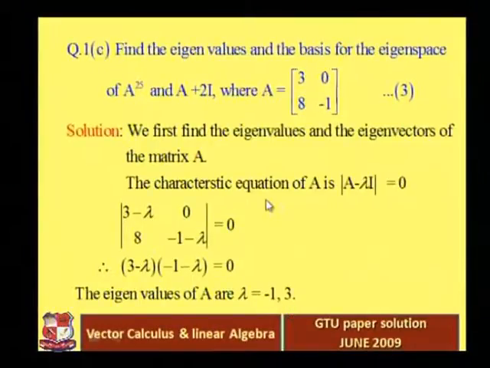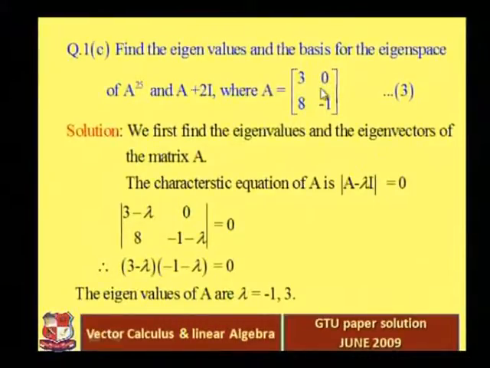Now directly you can also see that the eigenvalues of A are 3 and minus 1, because this is a lower triangular matrix. Except the main diagonal and below, all the elements are 0.